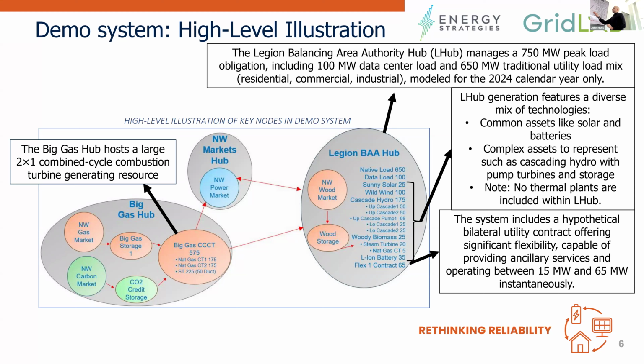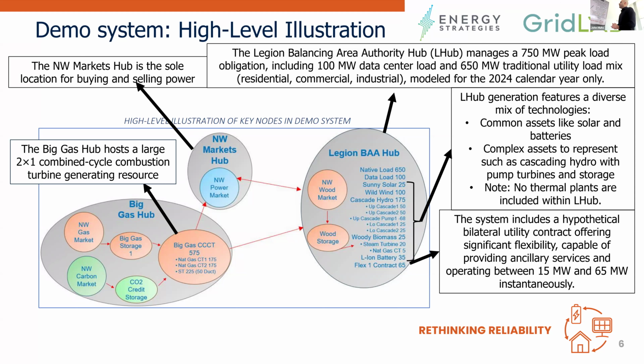Then we have the Big Gas Hub, with one big gas thermal plant, a 2x1 combined cycle combustion turbine with total generation of more than 500 megawatts. And then we have the Northwestern Markets Hub, which is the only place for selling and buying power in the demo system.